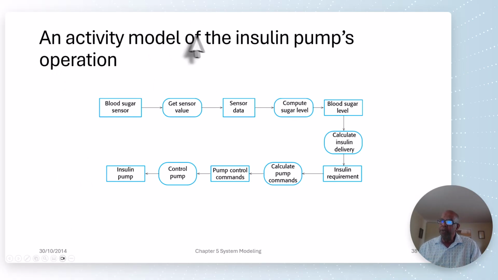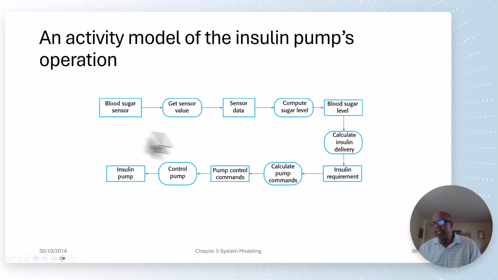Here's an example: an activity model of an insulin pump. This is basically the flow. The requirement is that I have to have insulin pump processing. Here I have a blood sugar sensor that monitors blood sugar. This is an action: I'm getting a sensor value and storing it.